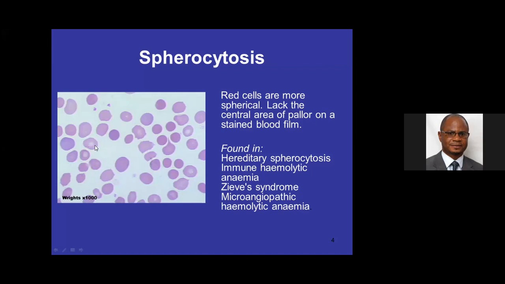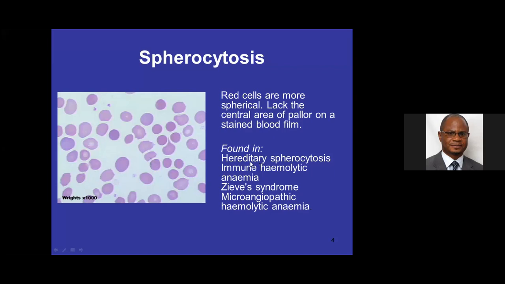There's one here, if you look here, you can see a little bit of center pallor, and this is not spherical. So this is a normal, almost normal red cell, as compared to maybe that one and that one that don't have the center pallor at all. So when you don't see the center pallor, which is the paling, then you are looking at spherocytosis.